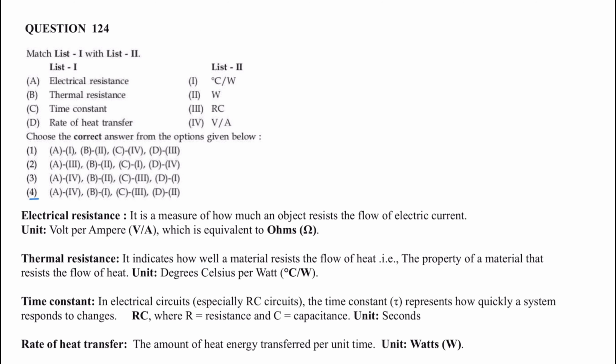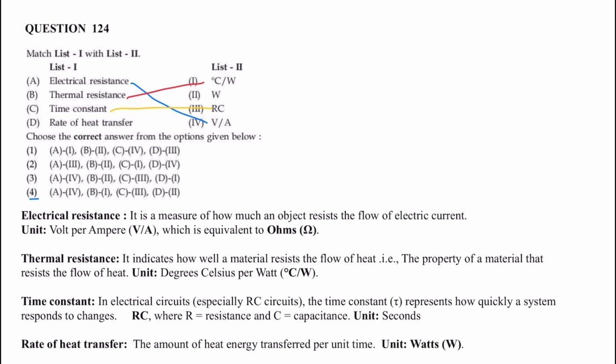Next question, electrical resistance. Volt per meter is not it; ohm is volt per ampere. For A it is 4. Thermal resistance is centigrade per watt. Time constant is product of RC.